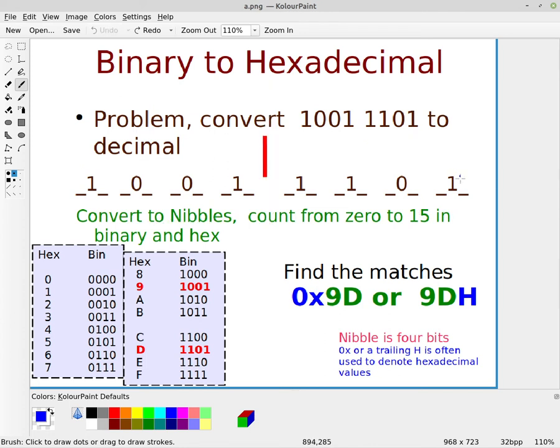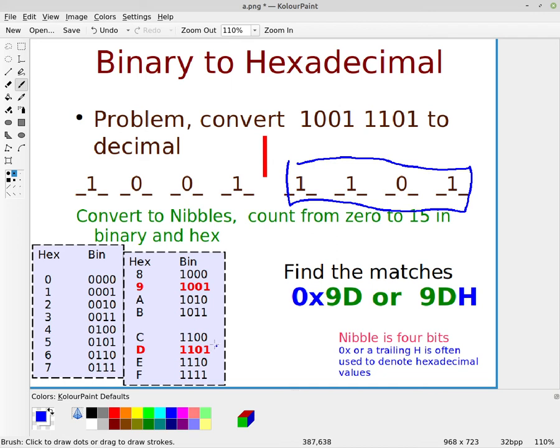So we just write out all the bits, and then break them up into groups of 4. That gives us 1101.